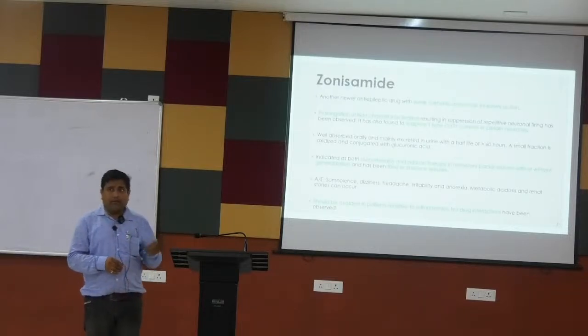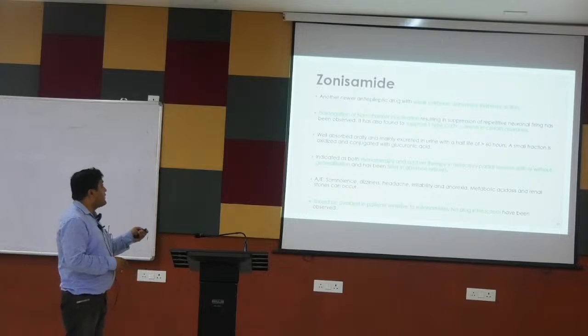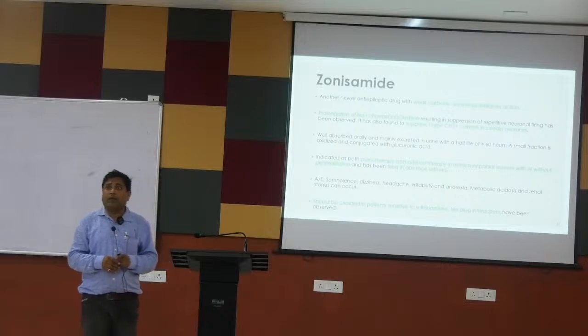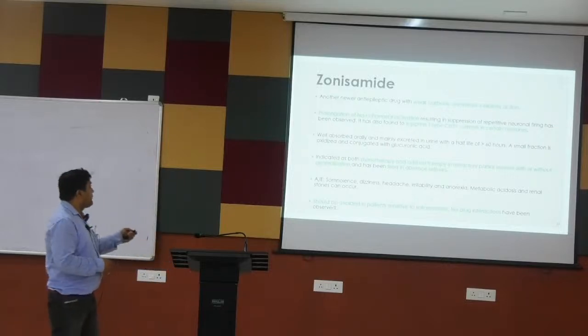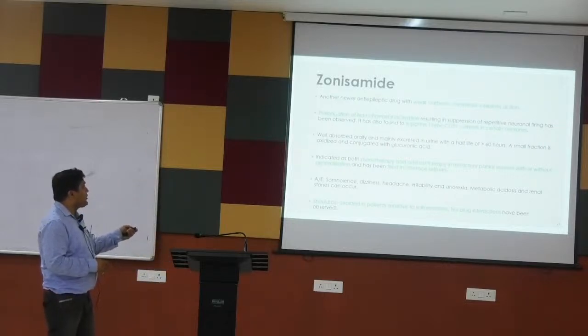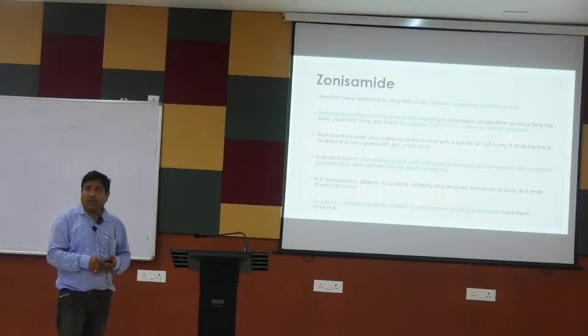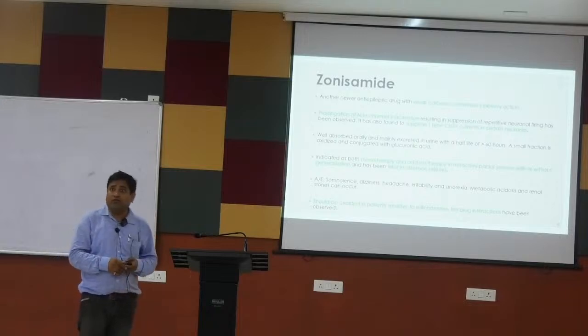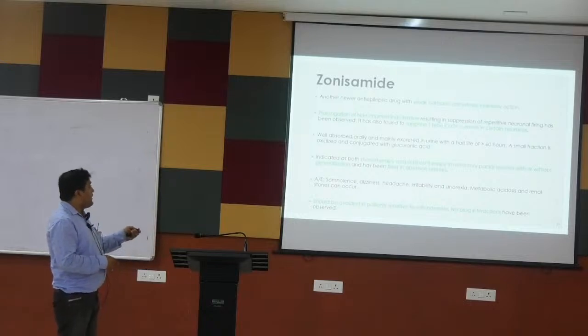Zonisamide, the newer anti-epileptic drug, also has weak carbonic anhydrase inhibition activity like that of topiramate. Now, mechanism of action: prolongation of sodium channel inactivation like phenytoin and carbamazepine, and they also suppress T-type calcium channels in certain neurons like ethosuximide and valproate.